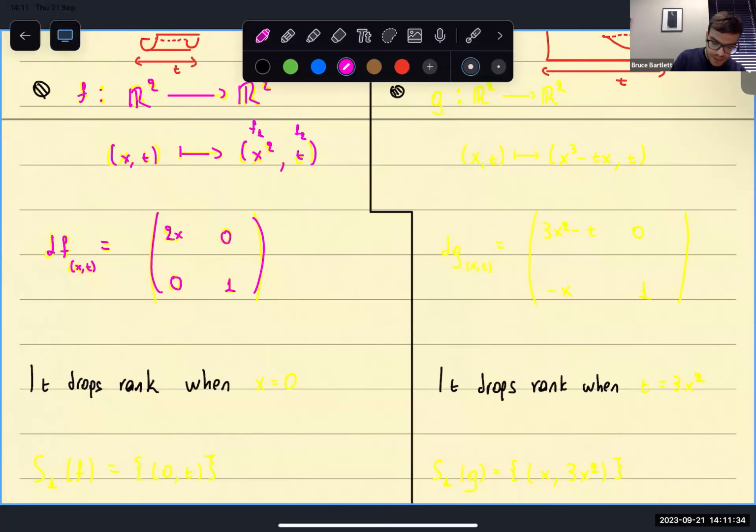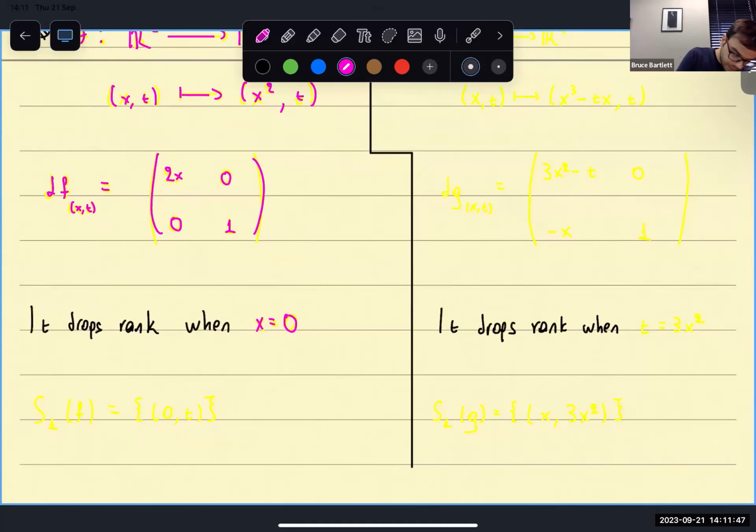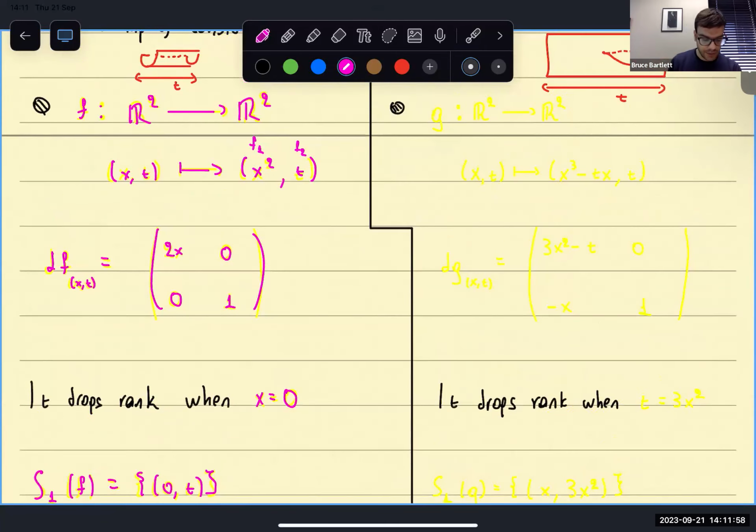So in particular, we see that the differential is going to drop rank by 1 for all these points in the plane when x is 0. And that's our locus S_1(f). So S_1(f) consists of the line corresponding to just the t coordinate axis.